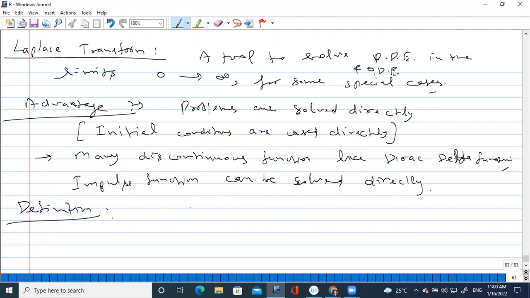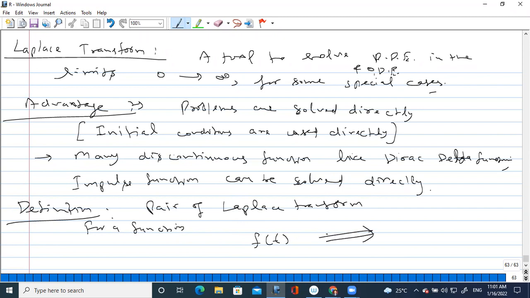So there is a pair of Laplace transform. That pair you have to remember. For a function, suppose a function is f(t). So for this, if you do the Laplace transform, then you will get another function.